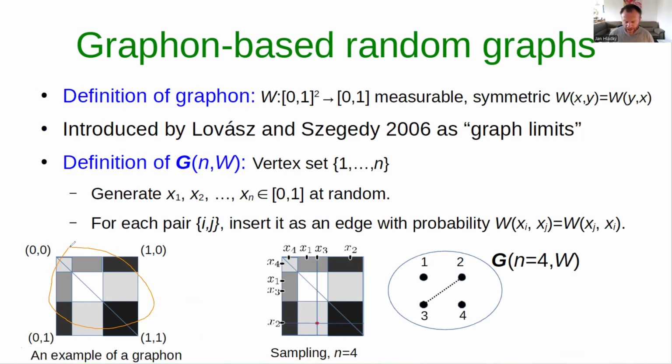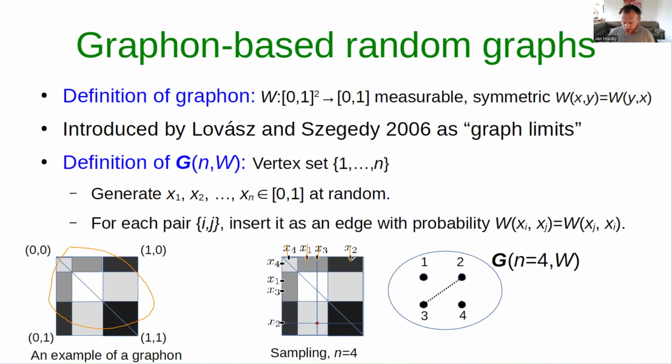And I'm now generating G(n, W) with n equals 4. So that's the graph, going to be on the very right. And I sample 4 points on the unit interval. I reflect them to both axes, which form the ground space of the graphon.